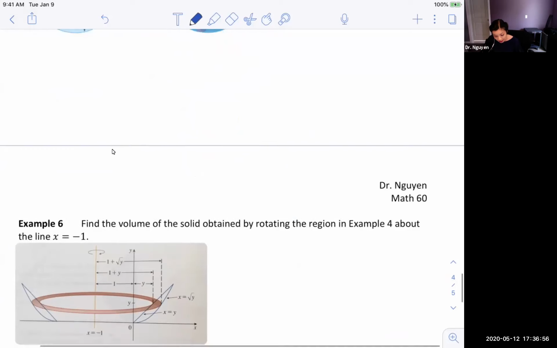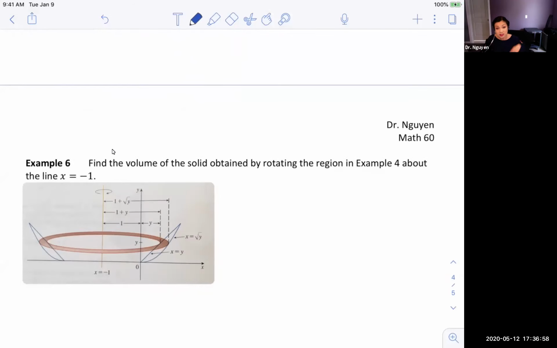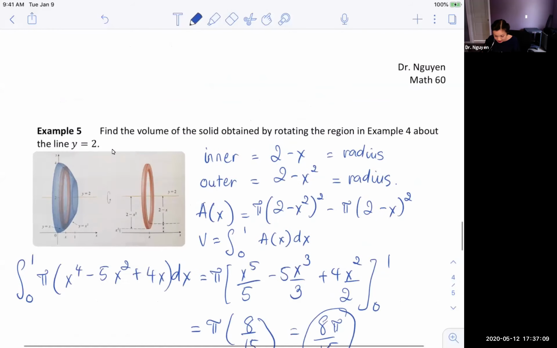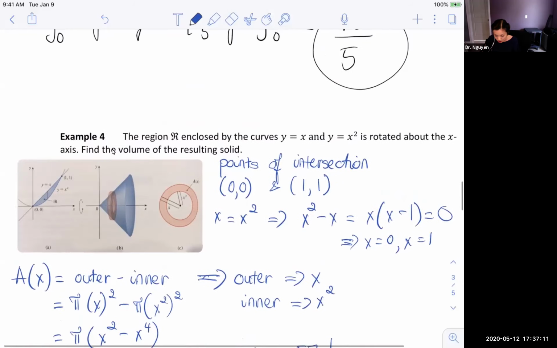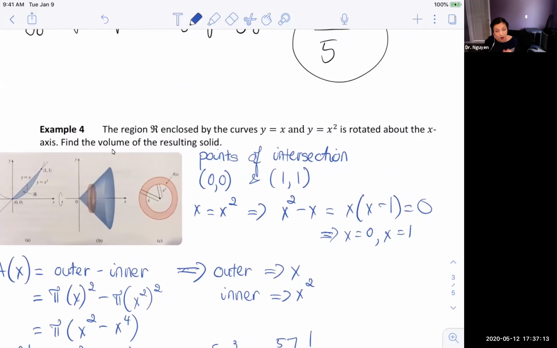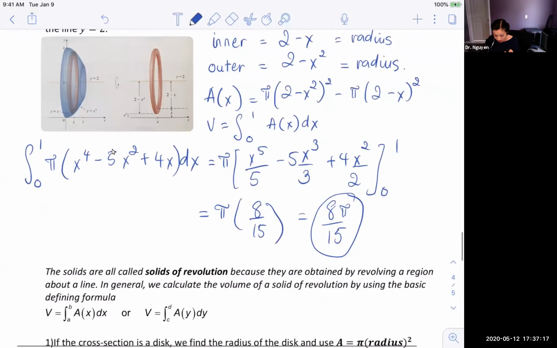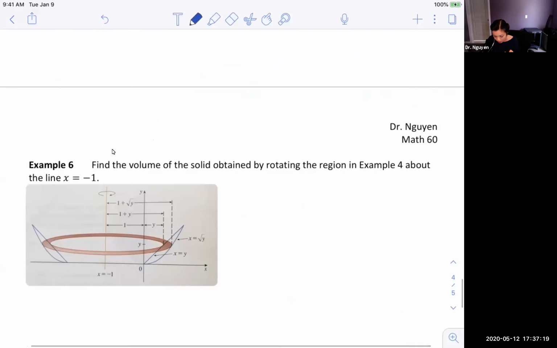Now, this time we're going to use the same curves, y equals x and y equals x squared. However, this time we're going to rotate about the line x equals negative 1.